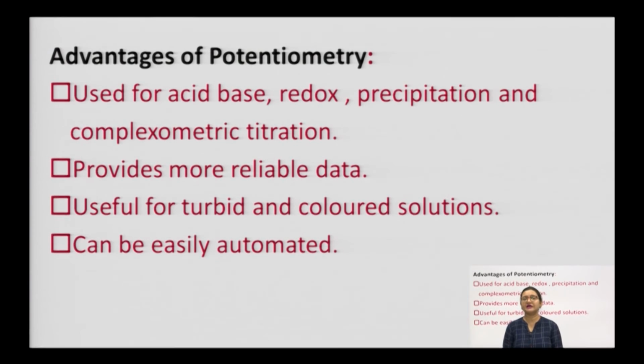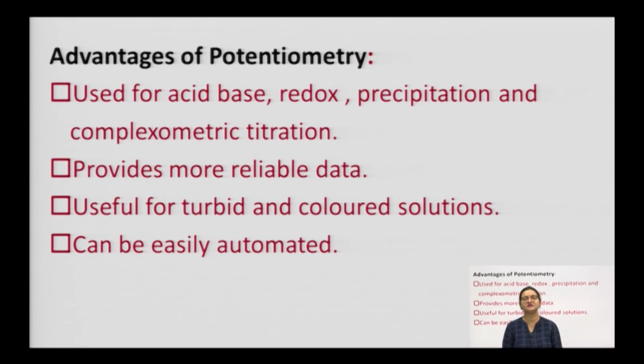For precipitation titration, the end point is indicated by the formation of a precipitate, which should be sparingly soluble or insoluble. For complexometry, the end point is indicated by the formation of a complex or a chelate, which can be easily determined at the end point. So, if an indicator is not available, we can go for potentiometry.